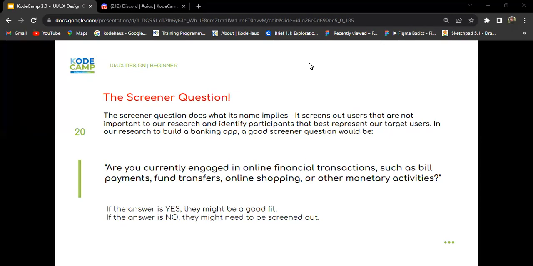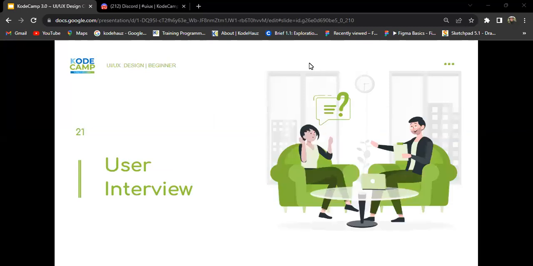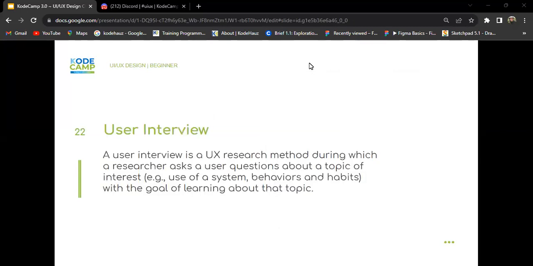So now we're going to be looking at what we call the user interview. The user interview is a UX research method during which a researcher asks a user questions about a topic of interest. It could be use of a system, behaviors, and habits, with the goal of learning more about that topic.